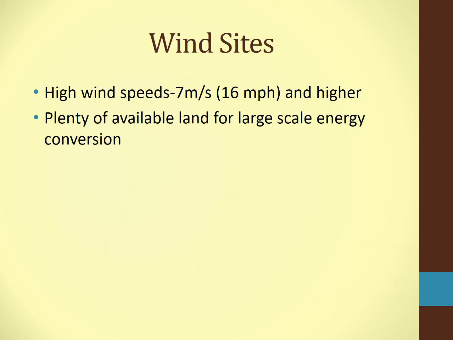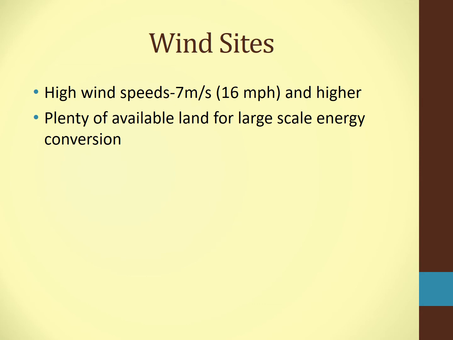Where you will see these big windmills, where they're trying to harness this wind power, you will see several of them, if you've ever driven by one of these sites. They have to be placed where there are high wind speeds, 16 miles per hour or higher.